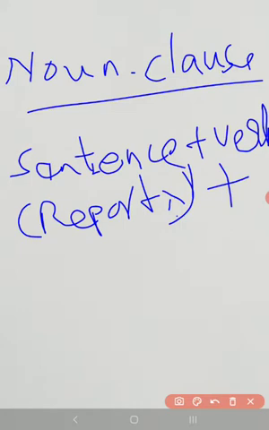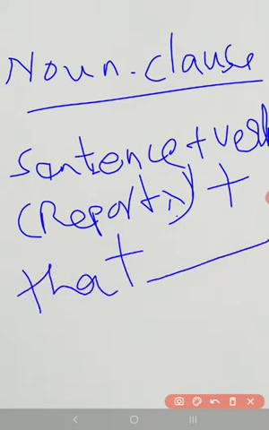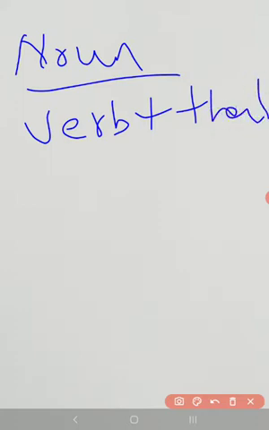Then we have that. Okay, noun clause, very simple. A noun clause always follows a verb. So verb plus that. If you see this form, it is a noun clause.